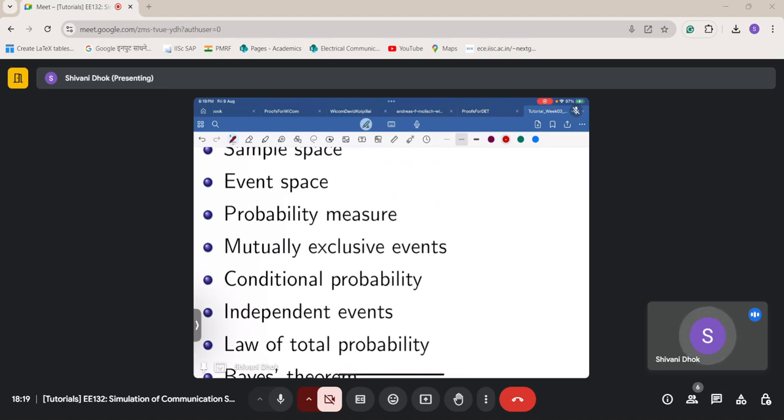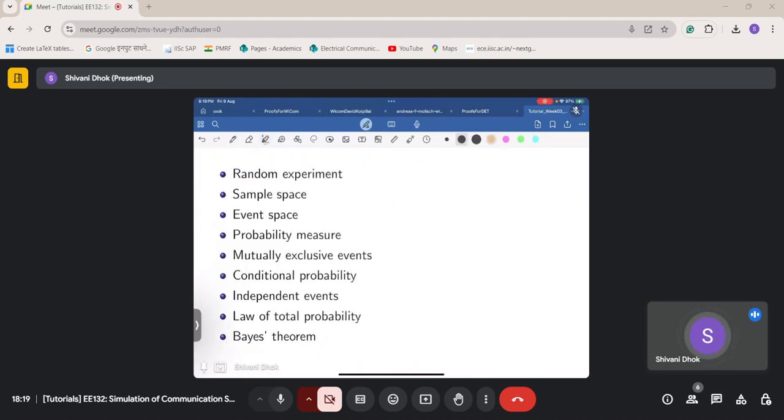Then we looked at what are known as mutually exclusive events. It says that if one event has occurred, there is no possibility that another will occur. So two events A and B are mutually exclusive if the probability of A intersection B, that is both occurring at the same time, is 0. Then we have another concept, that is conditional probability.